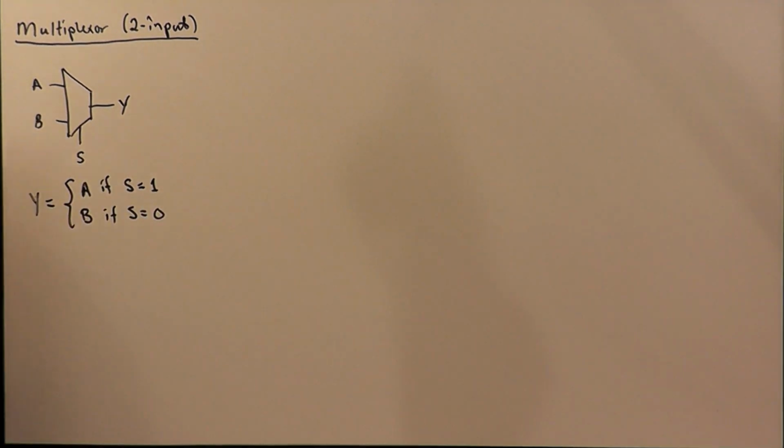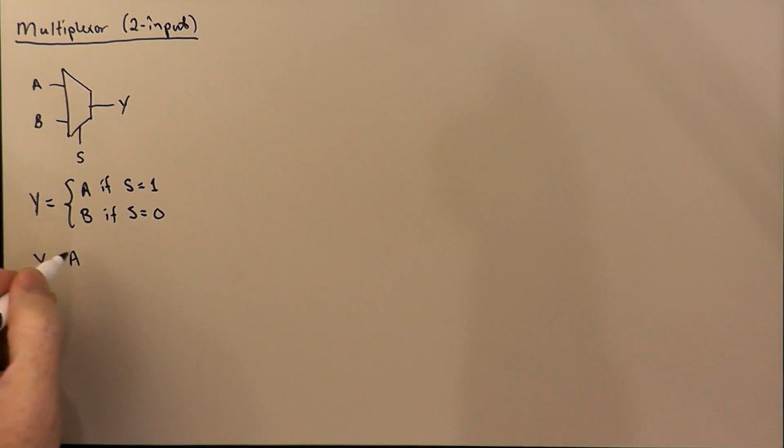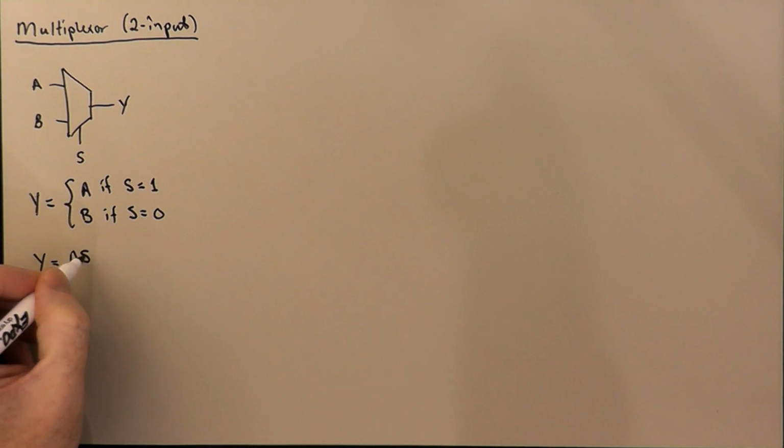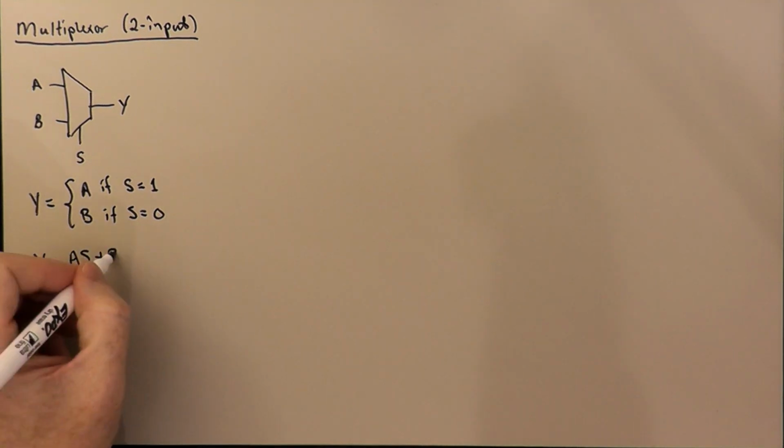We're assuming here A and B are Boolean logic inputs, and so we can also write this as a Boolean equation: Y is equal to A ANDed with S, or B ANDed with S bar.